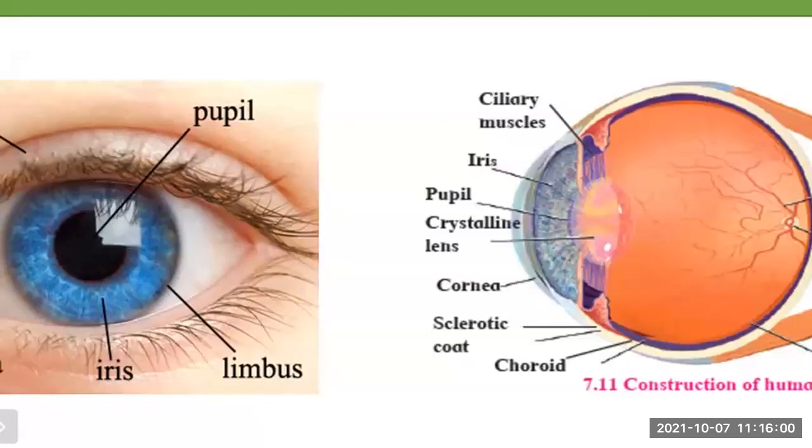Now what does this pupil do? It controls the amount of light entering the eye. Got it? Pupil controls the amount of light entering the eye. If the light falling on the eye is too bright, the pupil will contract.